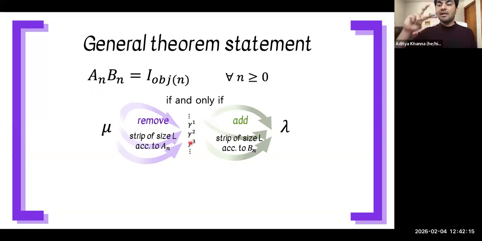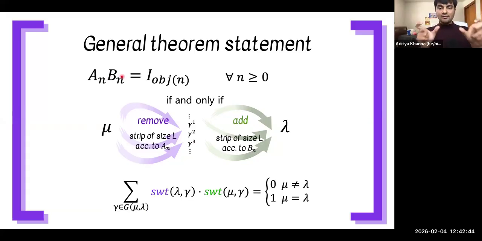In the previous case, we were getting two intermediary objects, but you could get as many as you want. And then I add a strip. This is more abstract than just removing cells because your objects could look different, but this is the main idea. I start with a bigger object, undo the recursion that comes from A, then I do the recursion that comes from B, and I get lambda.